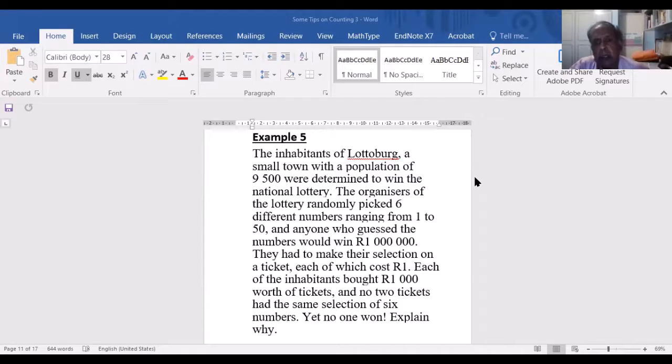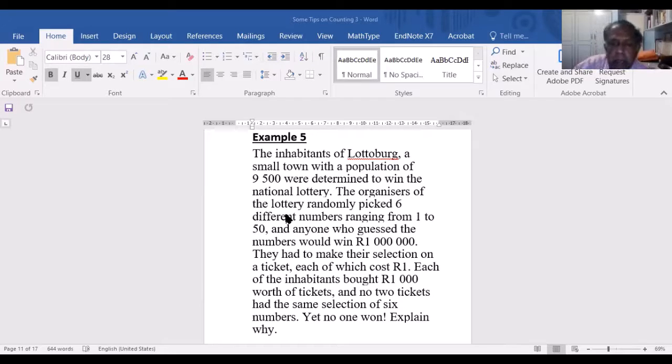And anyone who guessed the numbers would win 1 million rands. So you have to guess which 6 the organizers picked. The inhabitants had to make their selection on a ticket, each of which cost 1 rand. So they buy a ticket and make a selection on that. They pay 1 rand for the ticket.